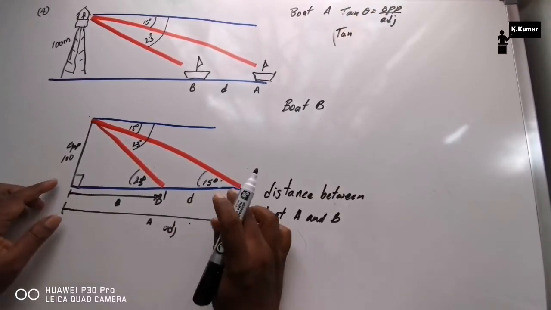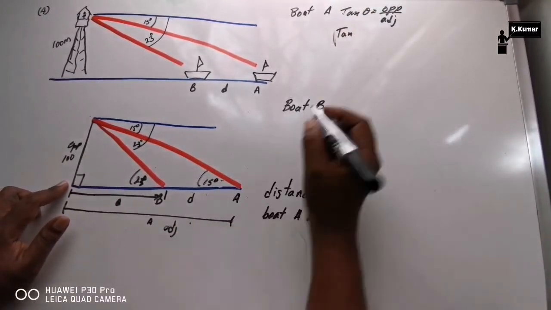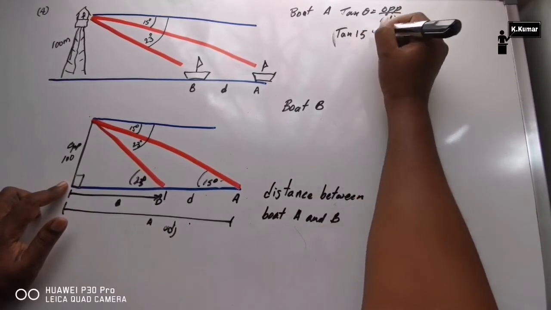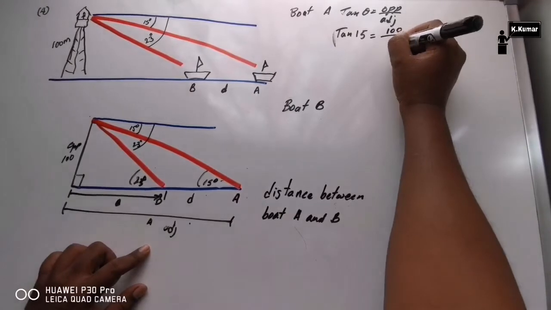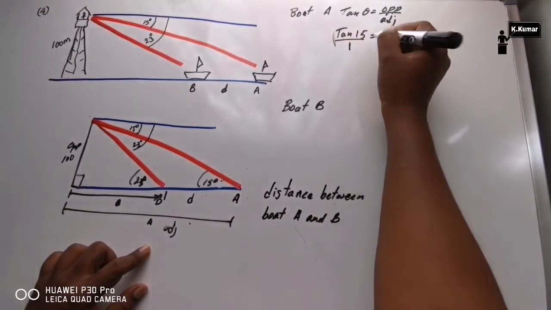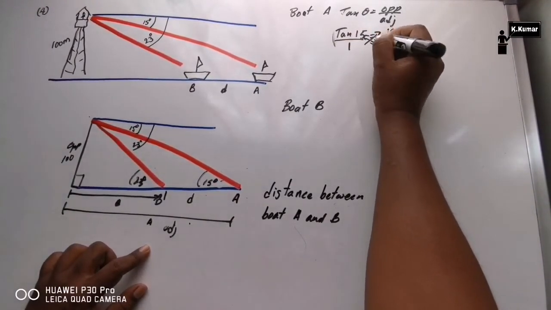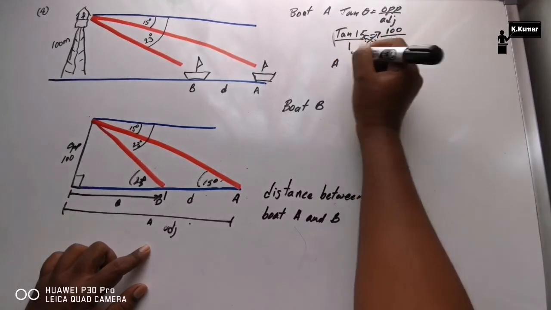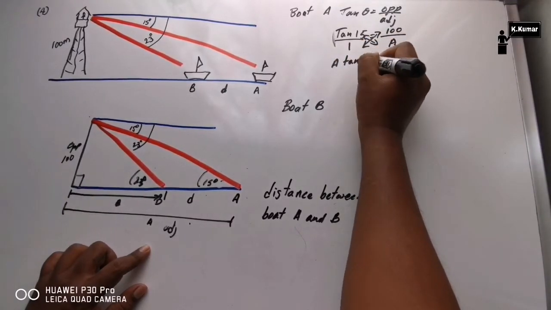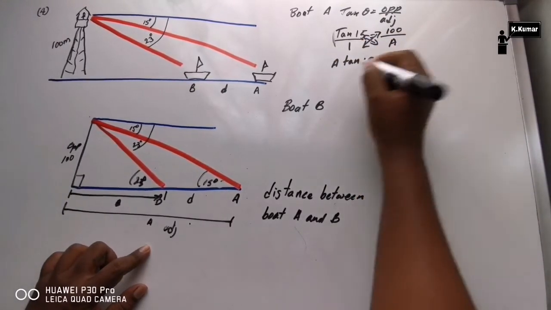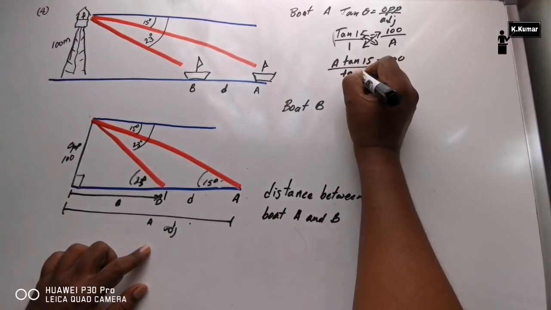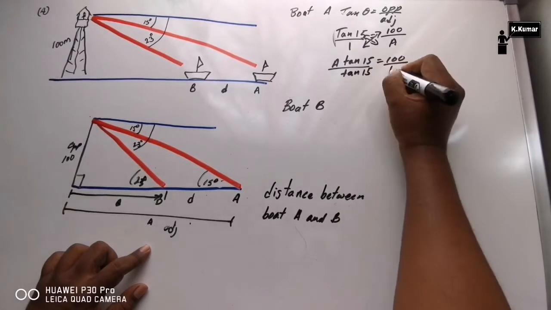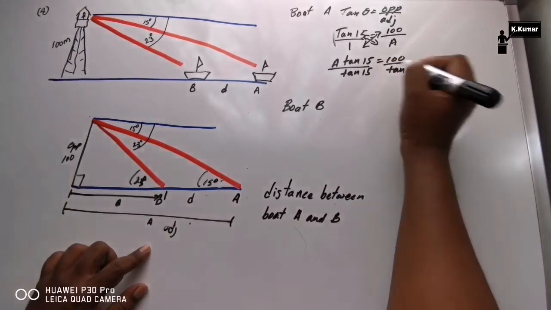We're working with A, so the angle is 15 degrees. Tan 15 is equal to the opposite side, which is 100, divided by the adjacent side, which let's call A. Put this over 1 and then we cross multiply. We would get A tan 15 is equal to 100. We want the value of A, so we divide by tan 15 on both sides.